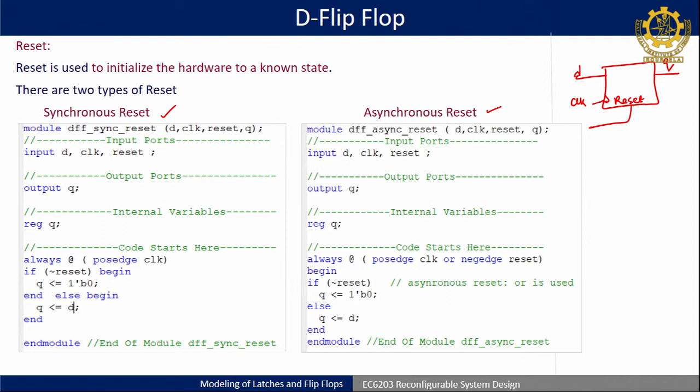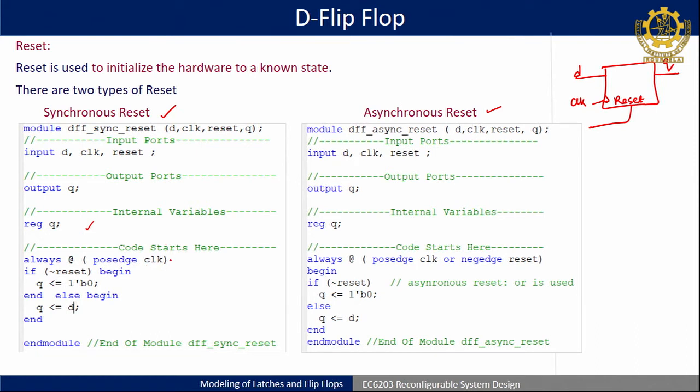If you see here, we have written D, clock, reset, Q, and inputs and outputs we have defined. Then as this is an always block, its body will be sequential in nature. The way the lines execute matters while writing synchronous or asynchronous reset coding. Again the sensitivity list also matters.